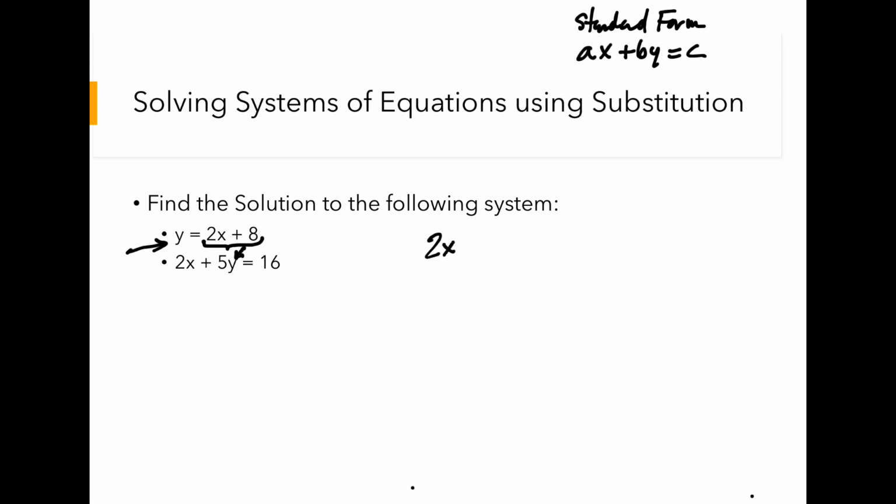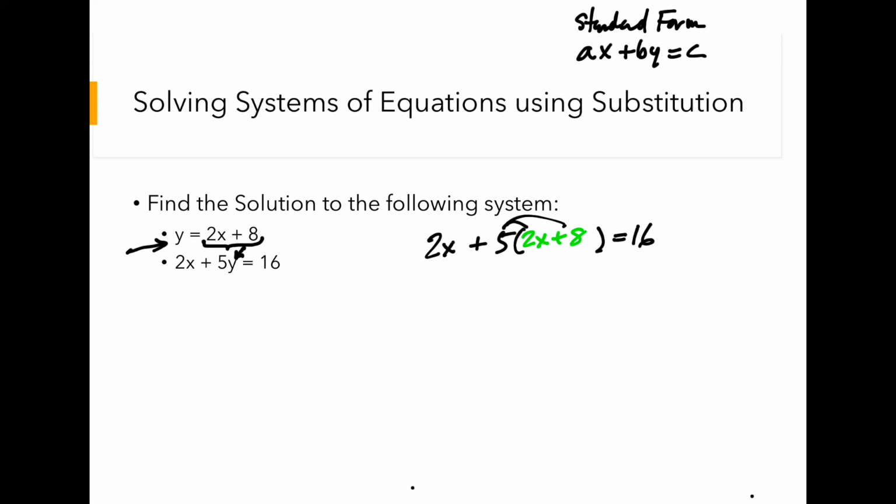So I'm going to rewrite this, 2x plus 5, and again we'll put parentheses where the variable y was, equal to 16. Now I'm going to substitute 2x plus 8 in there, because we were told that 2x plus 8 was equivalent to y. Even though this isn't the elimination method, we've eliminated y by substituting the expression involving x.